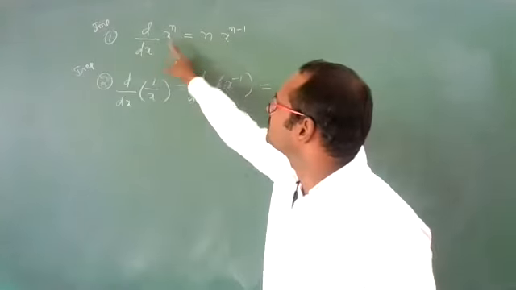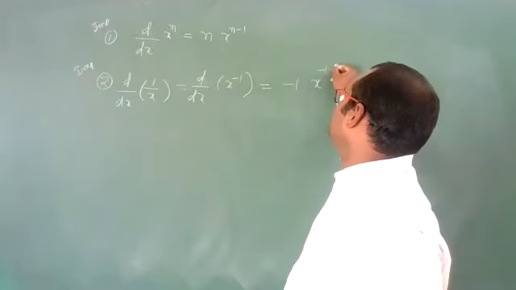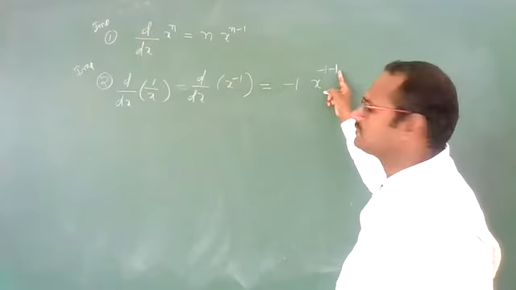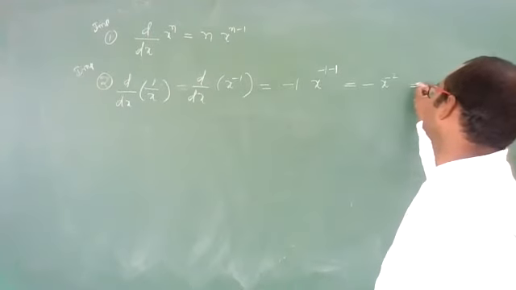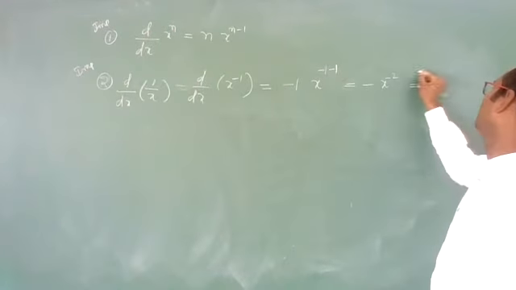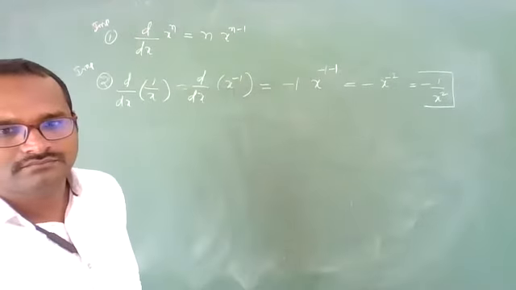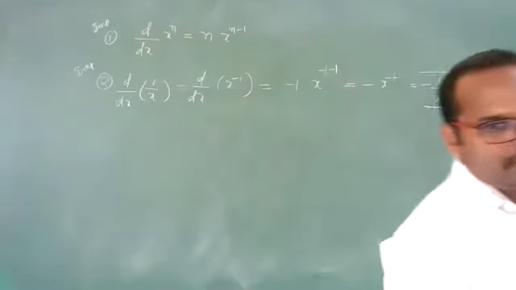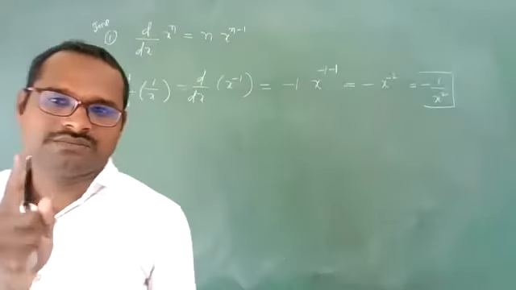It is similar to this: power minus 1, multiplied and reduced by 1. n is minus 1, minus 1, minus 1, which means you will get minus x power minus 2. That is minus 1 by x square. Very important value. So d by dx of 1 by x is minus 1 by x square.